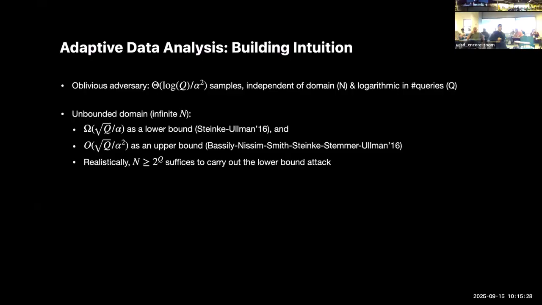And also realistically, as soon as your domain gets as large as 2 root Q, it's sufficient to carry out the lower bound attack. So, right.